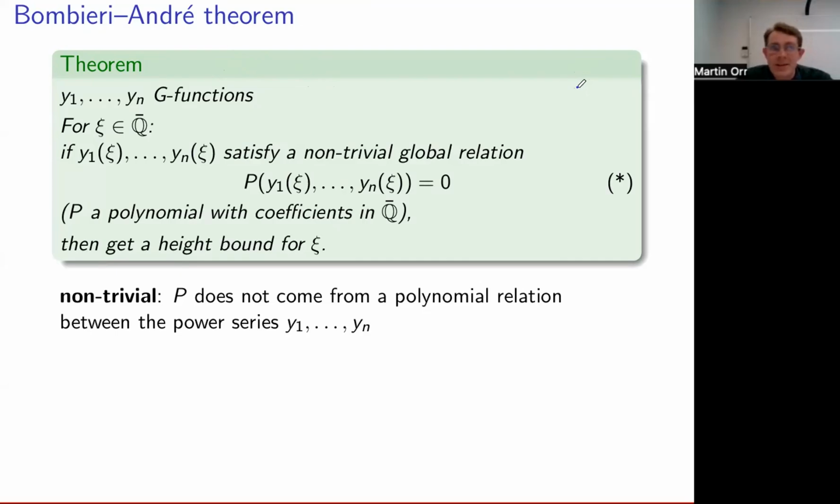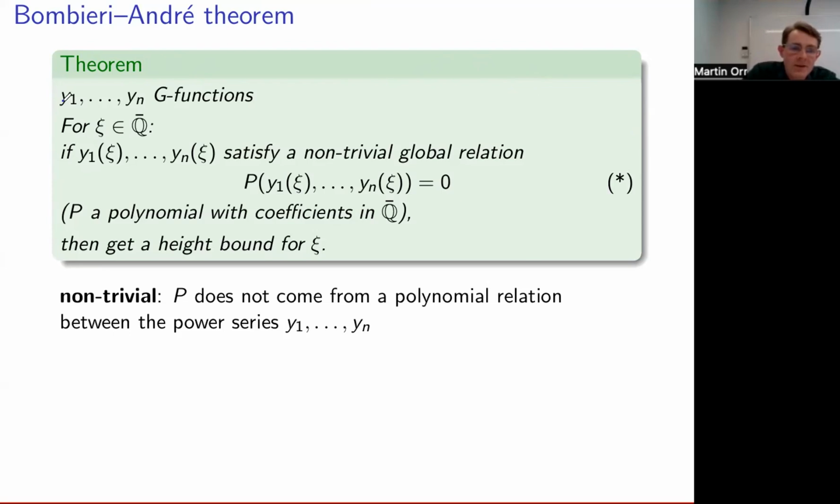So proving that naturally occurring numbers are transcendental or even algebraically independent is hard. And so what this theorem does is it doesn't prove that. It proves that there are some restrictions on the types of algebraic relations that can exist between certain numbers that you might expect to be transcendental.